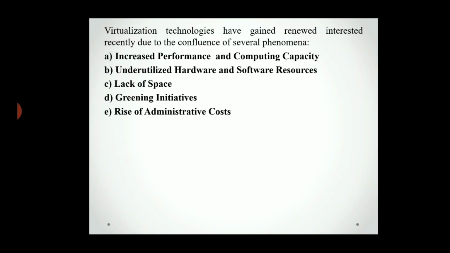Next one is greening initiatives. Recently, companies are increasingly looking for ways to reduce the amount of energy they consume and reduce the carbon footprint. Data centers are one of the major power consumers. They contribute consistently to the impact that a company has on the environment. Maintaining a data center operation not only involves keeping the servers on, but a great deal of energy is also consumed in keeping them cool.